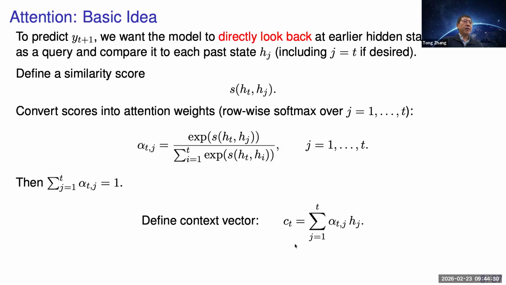But this summary will try to have a direct lookup at earlier states, right? So you always look directly at earlier states. Therefore, if your attention gives a high score in the early states, you could recall. So basically, this is the intuition about how this attention is doing.